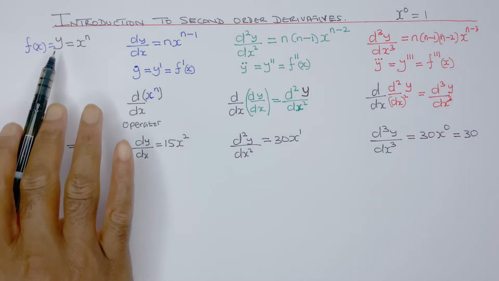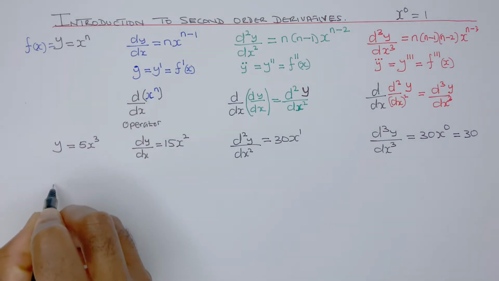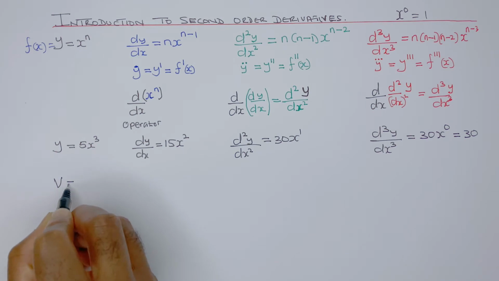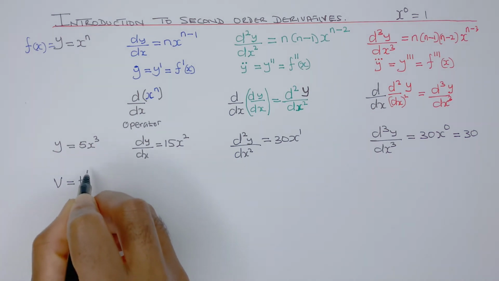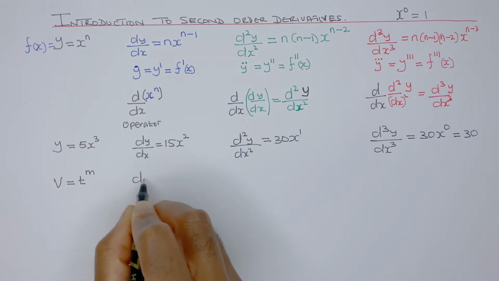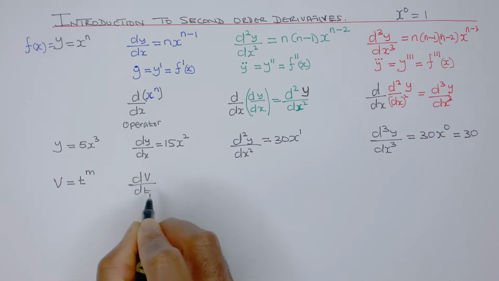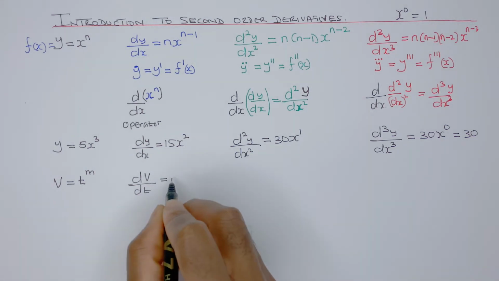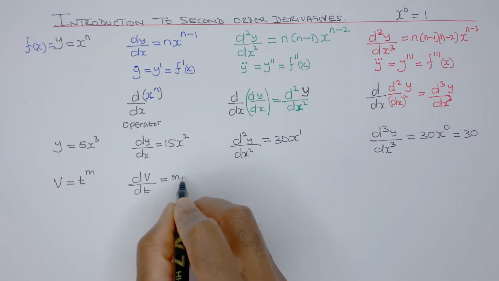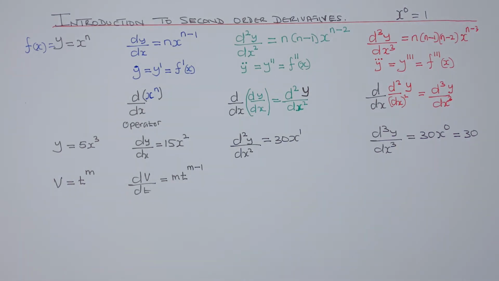It's not only y in relation to x. You could have v equals t to the power of m. So you could do the derivative of v with respect to t, and that would be m t to the power m minus 1. That's the gradient, the first derivative.